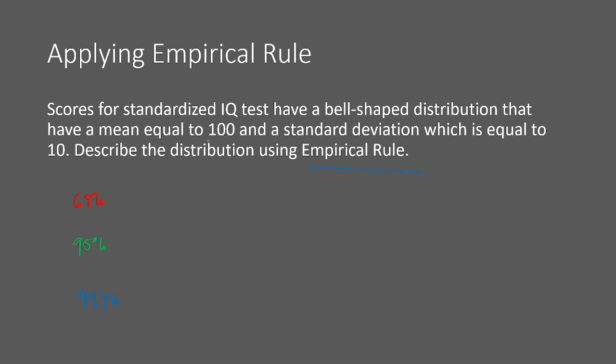So we have here our mu, and we have here our sigma. What we can do here is just add and subtract 1 sigma from 100 to get that 68%. So for the lower half, we will have 100 minus 10, which is 90. Okay?